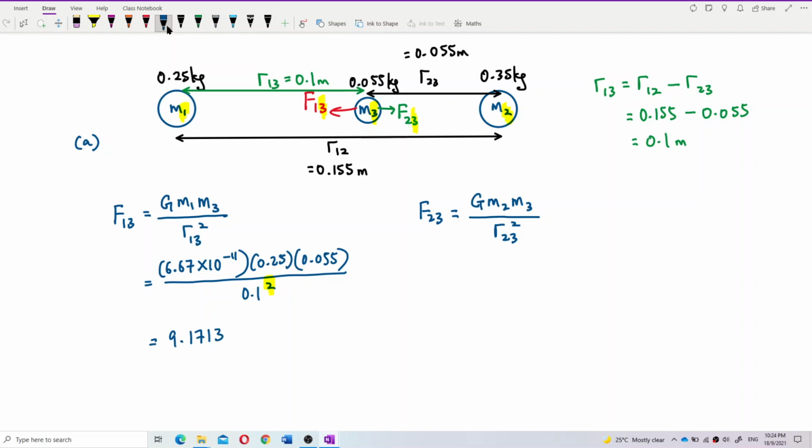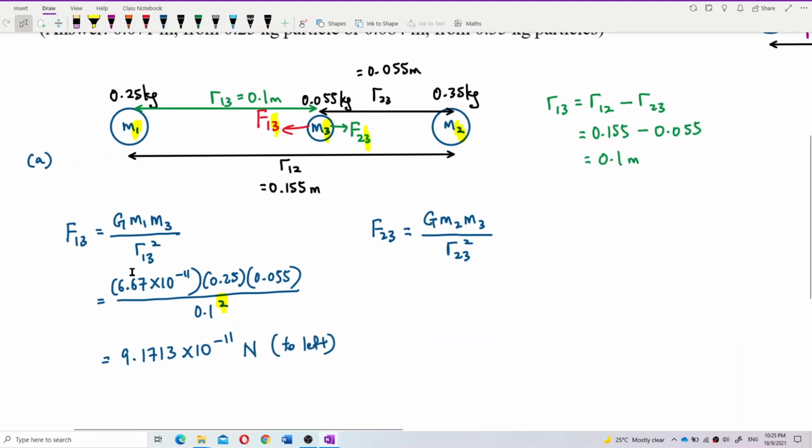I like to maintain more decimal places for accuracy, so I maintain 4 decimal places. And then for this one, the direction, you need to write direction also. This one is to the left, or we can say towards mass 1. So that's the F13.